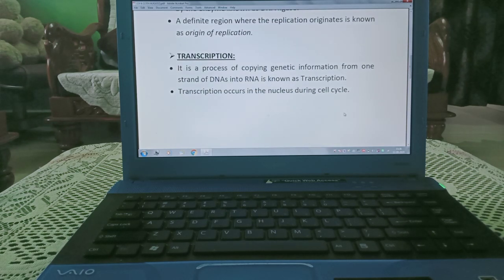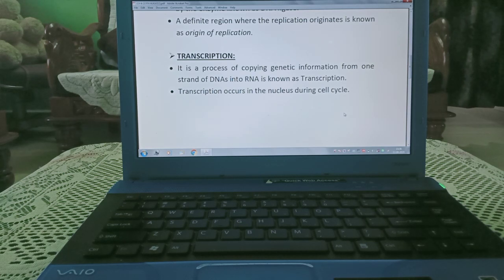Now we are starting with transcription. The process of copying genetic information from one strand of DNA into RNA is known as transcription. Earlier also we have discussed that double-stranded DNA converts into single-stranded RNA, in which the script is written in the form of the characteristics.